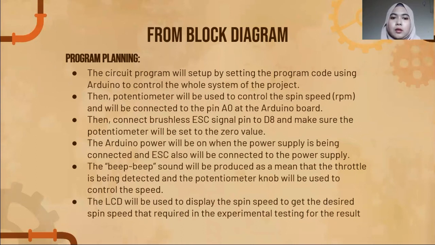After that we will hear a beep beep sound, which means the throttle is being detected, and the potentiometer knob will be used to control the speed. Lastly, the LCD will be used to display the spin speed to get the desired spin speed required in the experimental testing.